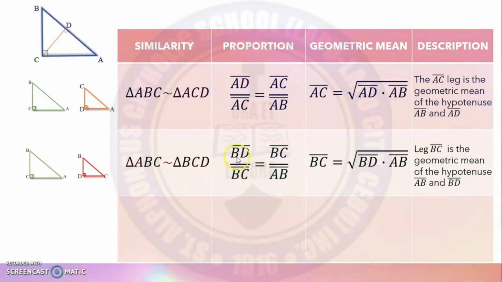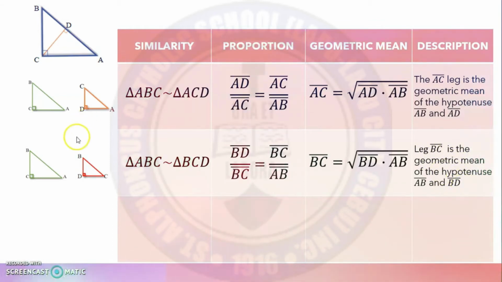And in one proportion is the segment adjacent to BC, which is BD here, and also the whole hypotenuse AB. So in the formula, line segment BC is equal to the square root of BD times AB. So this is the description: leg BC is the geometric mean of the hypotenuse and the adjacent segment, which is BD.